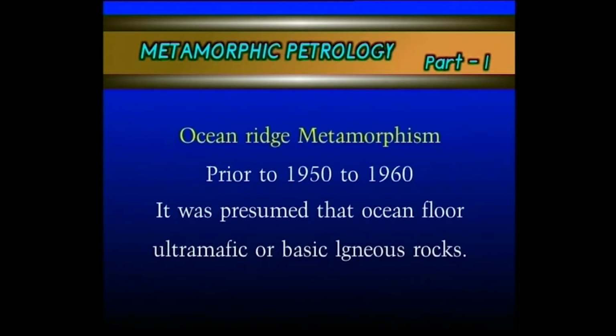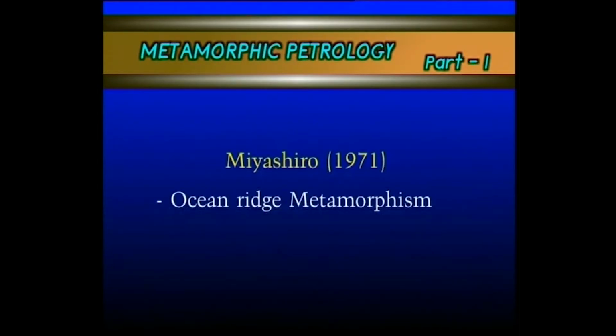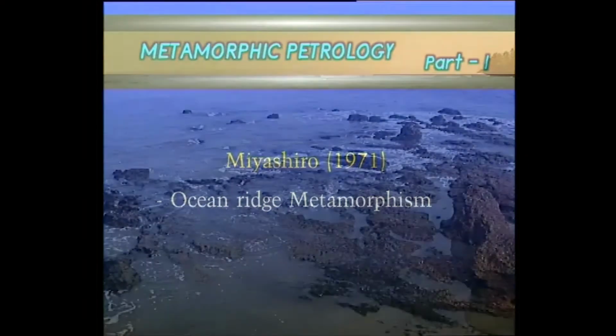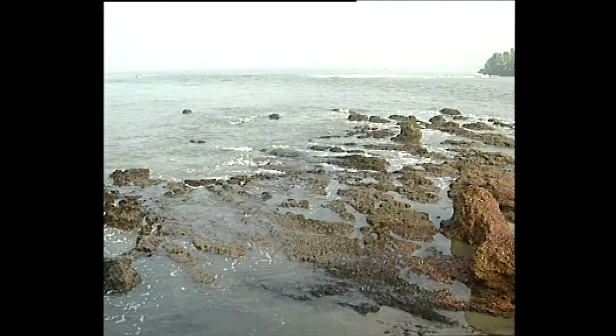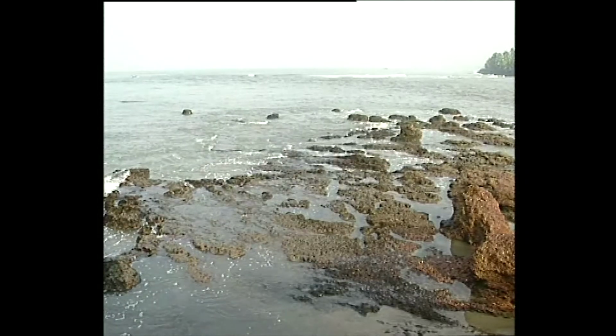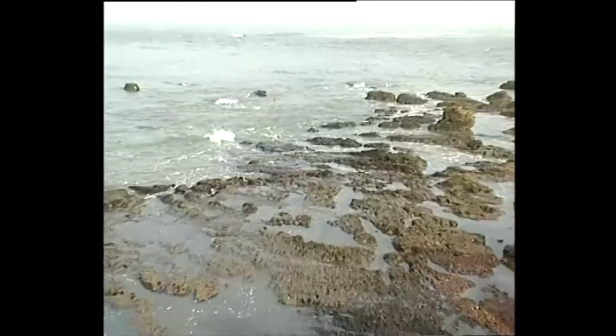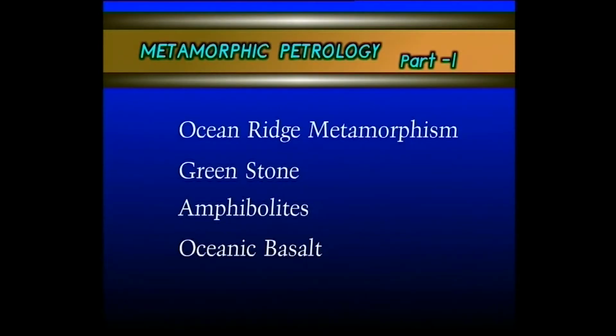But after the deep sea drilling, Miyashiro reported metamorphic rocks of basic composition along the ridges, particularly where thermal imprints are always there. Whatever basic or ultrabasic rocks are changed into metamorphic rocks. These metamorphic rocks are normally greenstone or amphibolites, equivalent to oceanic basalts.